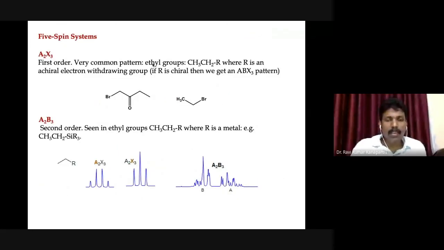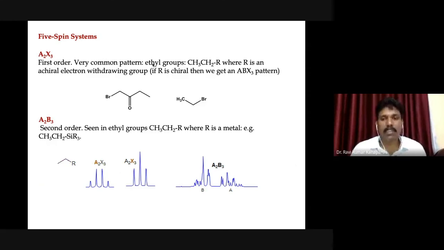Wherever the alphabets are far apart, if you represent the spin system with letters that are far apart, then we say it is fairly easy to understand and interpret such an NMR spectrum. Whereas when you represent an NMR spectrum with letters that are very close by, such a system is very difficult to understand.